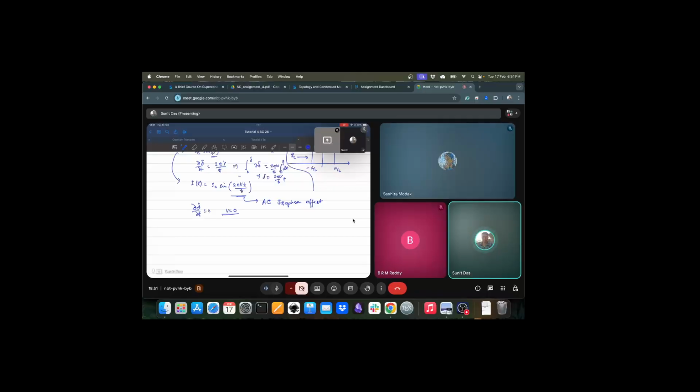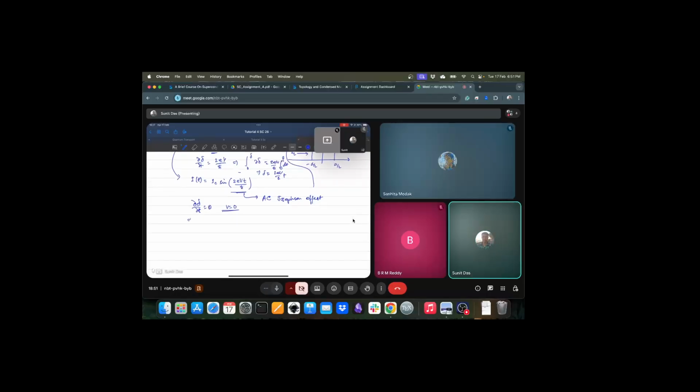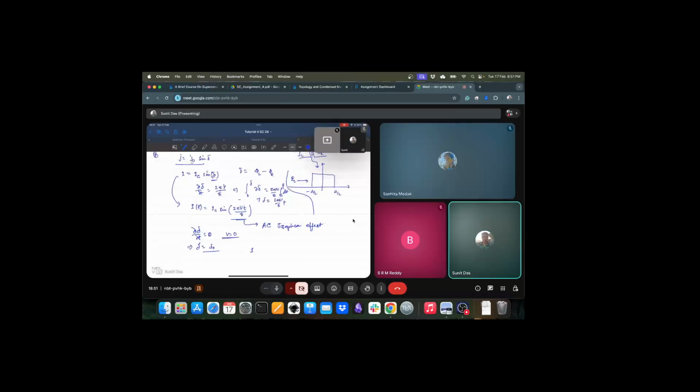So del phi by del t equal to 0 means we have some constant, so delta equal to some constant, let's say delta 0. And then I will again be some constant times sine of delta 0. So this is the DC Josephson effect. These are the only two differences.